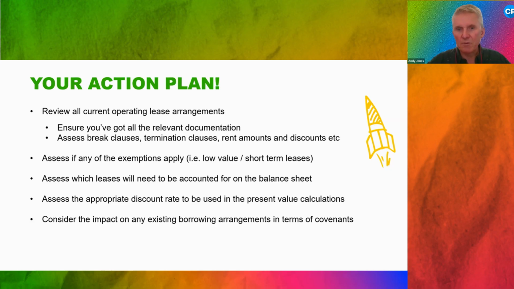And what we've got here is that now, as I said, the operating lease charge is disappearing, and it's being replaced by a depreciation and interest charge. So that EBITDA measure is actually going to increase. So again, it's important to understand, if you have got any covenants and any existing borrowing, what impact this might be having, and ensuring that you're talking to the bank around those if there is going to be any kind of adverse impact around those covenants.